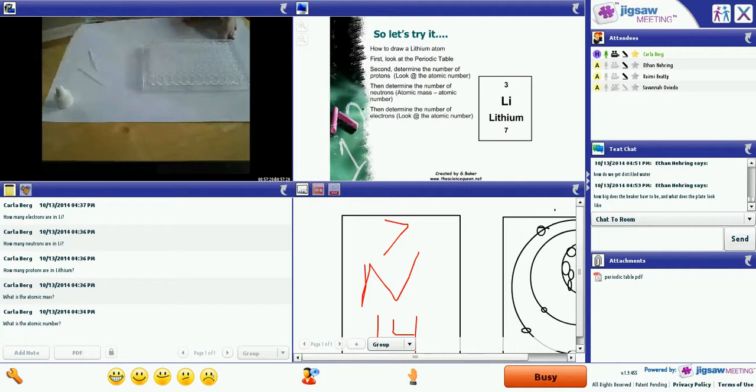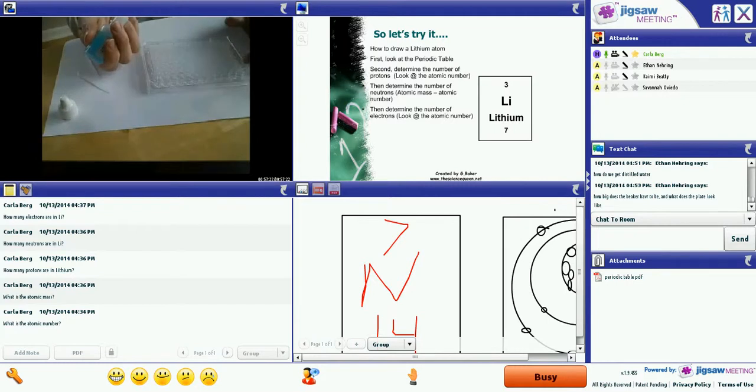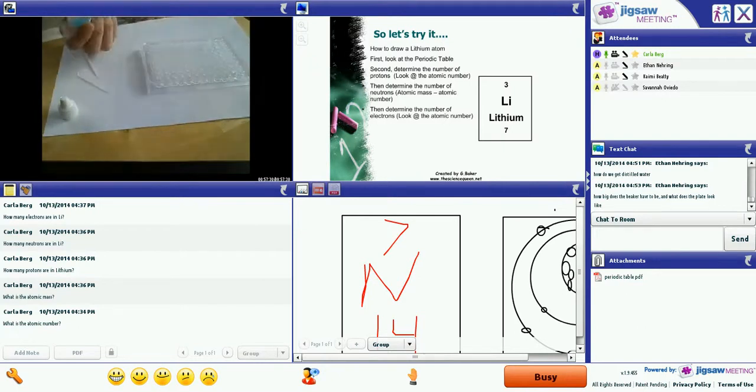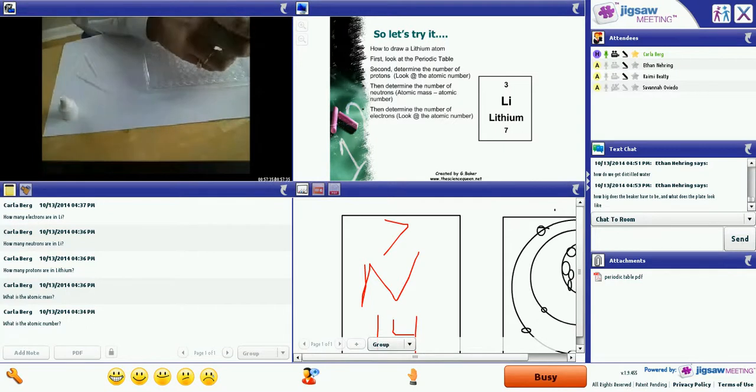2 drops to B1. So B1 is the second row in the first column. I added 2 drops there. 3 drops to C1. And 4 drops to D1.